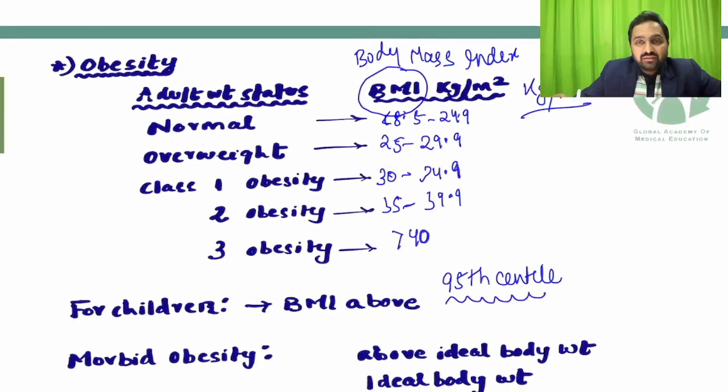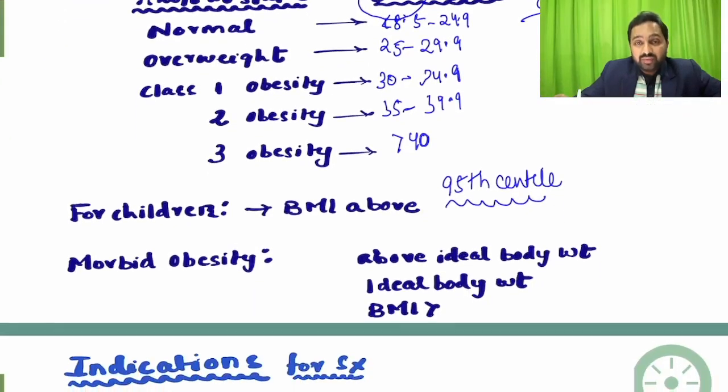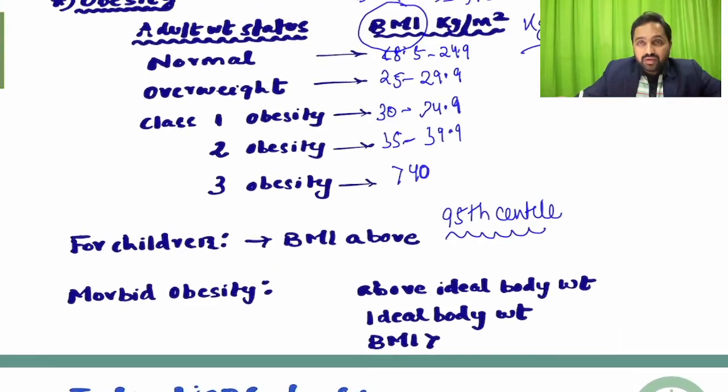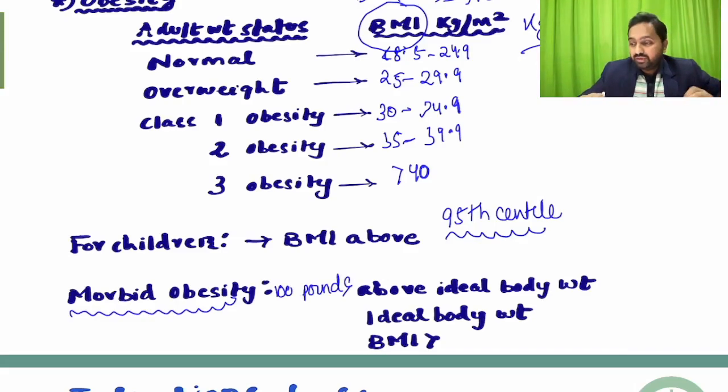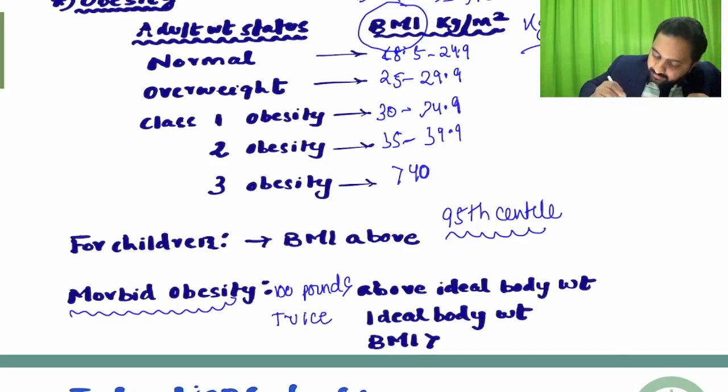Now there is another important term which you need to remember, which is morbid obesity. What is the definition of morbid obesity? It is 100 pounds above the ideal body weight, or twice the ideal body weight, or BMI more than 40 kg per meter square.